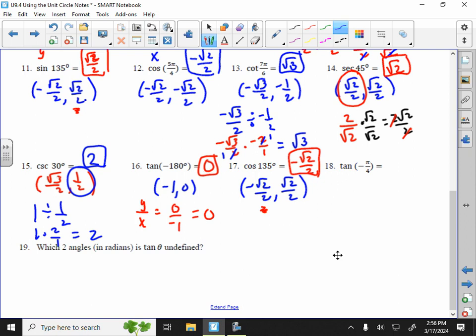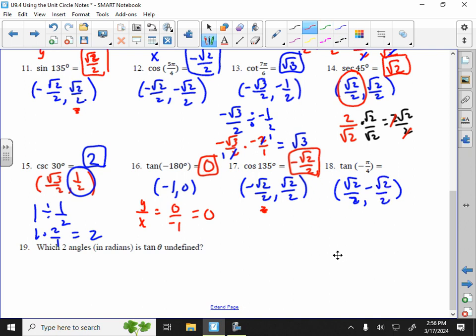Tangent negative pi over 4. Now, negative pi over 4, we're going to go in the negative direction, so clockwise, whatever pi over 4 is. Well, pi over 4 is 45 degrees. So we're going to go in the clockwise direction, 45 degrees, and that would put us at 7 pi over 4. Right, so that tells us the ordered pair that we're looking at, 7 pi over 4, which is root 2 over 2, comma, negative root 2 over 2.